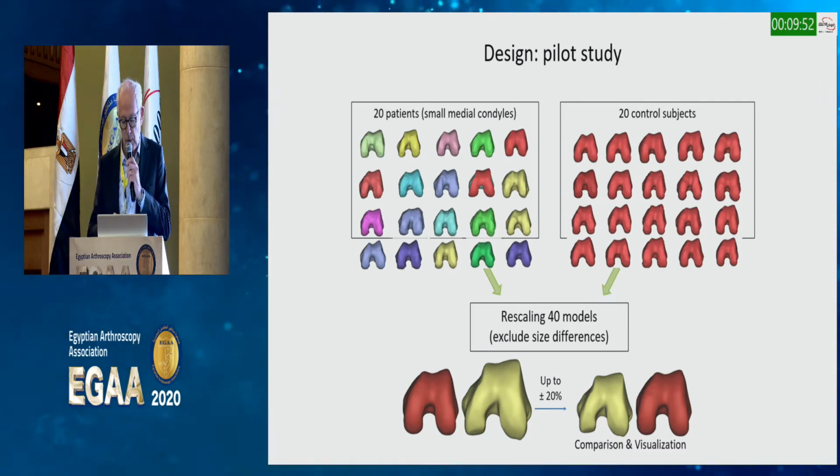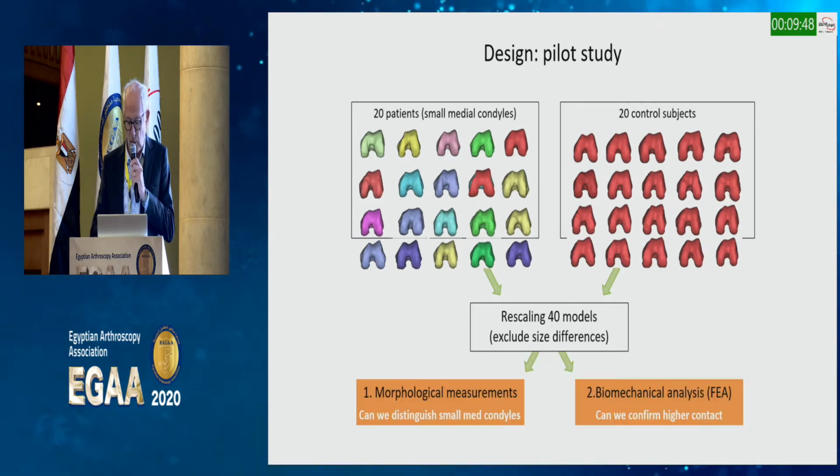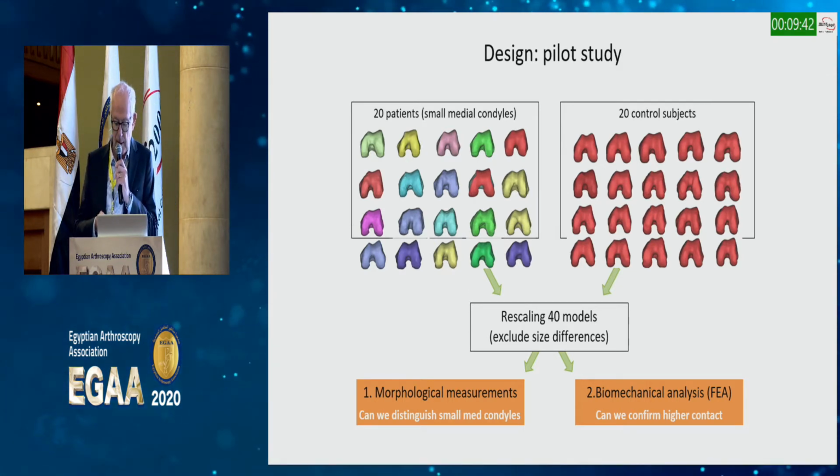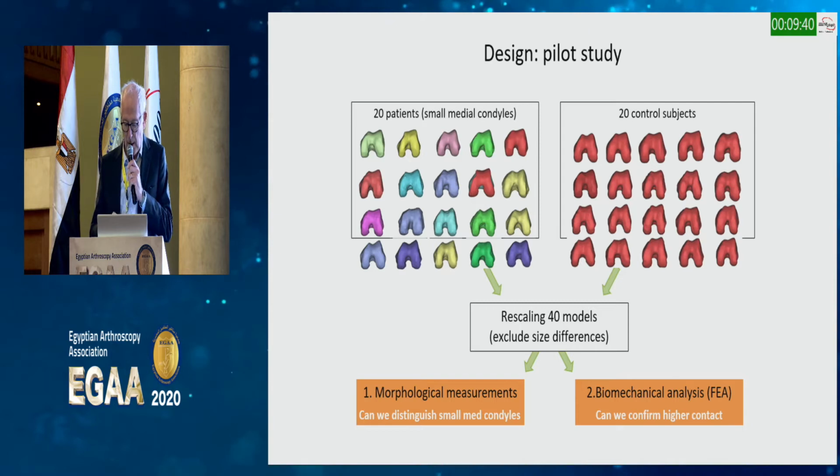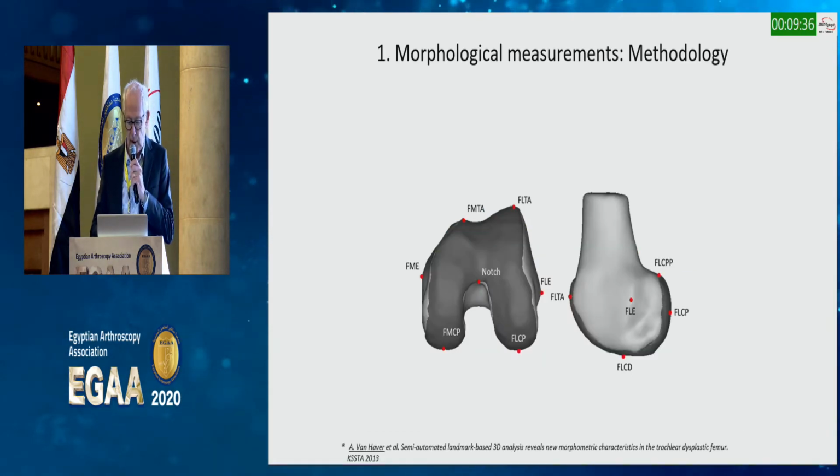And then they rescaled this to exclude the side differences and looked at morphological measurements and then a finite element analysis, a biomechanical analysis that followed from the first findings. And then they looked at these morphological measurements and the methodologies.